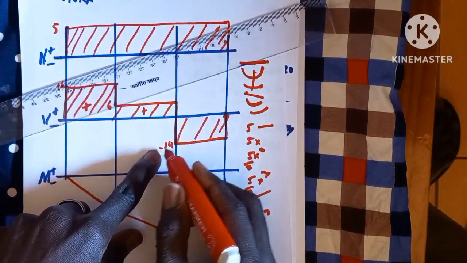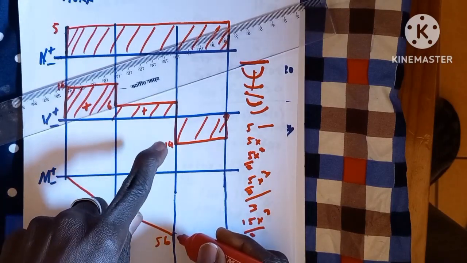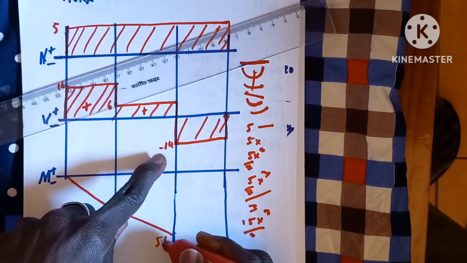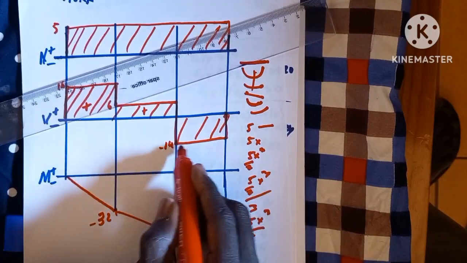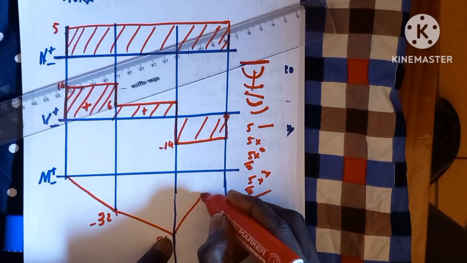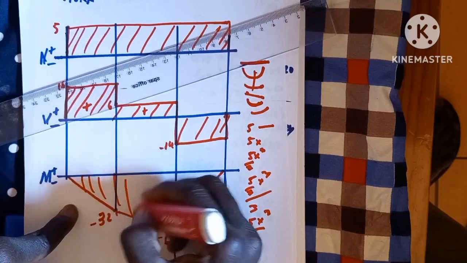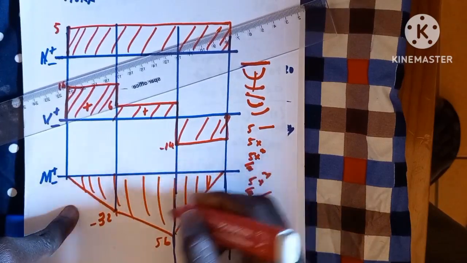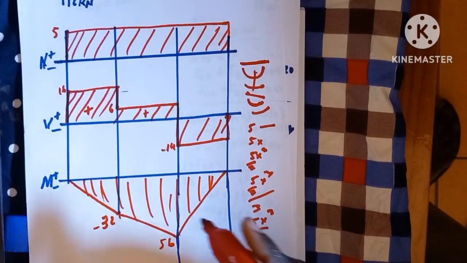Since it is negative here, it's going to be positive. So positive 56 minus 56 is going to be what? It's going to give us 0. And notice that it is also a straight line, so it's going to be an inclined line, taking us back to 0. That's going to be the graph of this. So right, in this case, this is the graph of this bending moment.